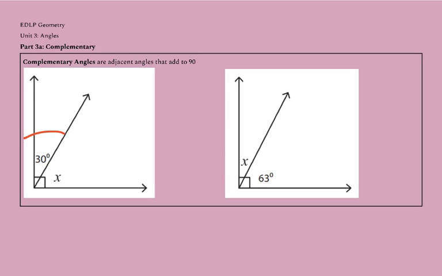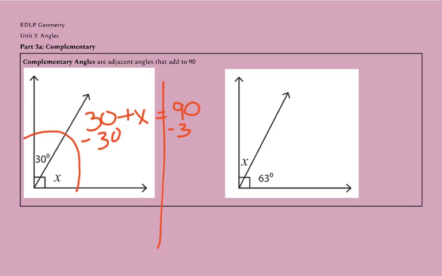I know that these two angles add to 90, 30 and x. Again, to get rid of that 30, just a one-step equation, subtract the 30 from both sides. Well, I know x has to be 60. 30 plus 60 is 90 degrees. That forms that right angle.